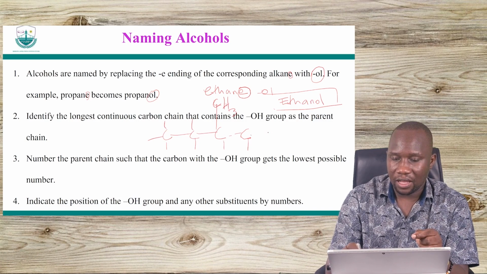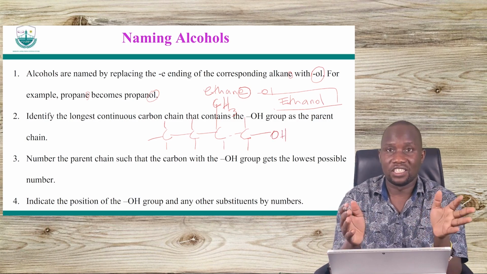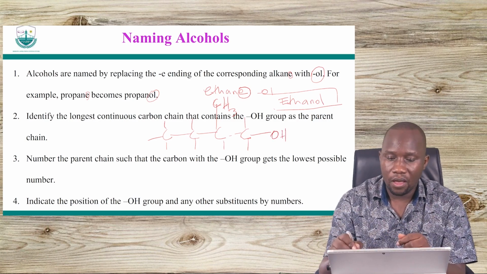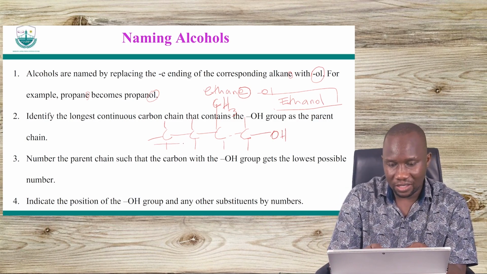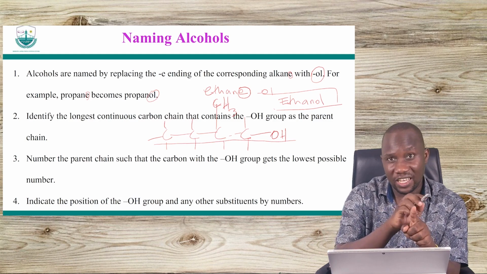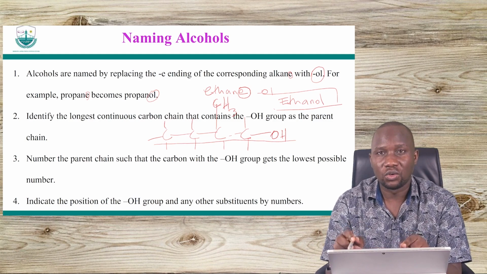Assuming you have an OH here, that means that it is an alcohol. So what we are saying is to identify the longest chain that contains the OH group.